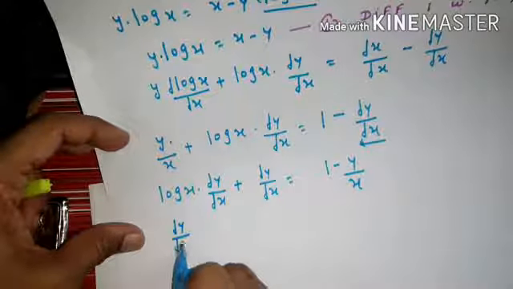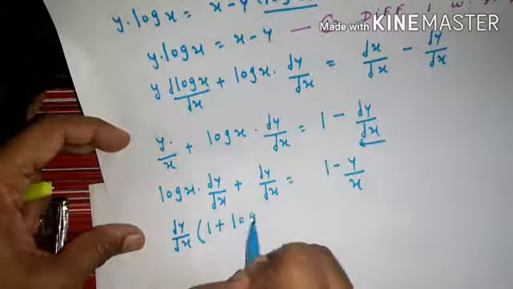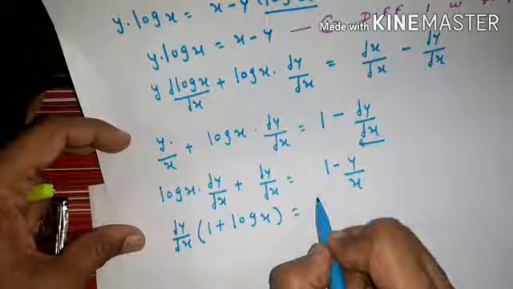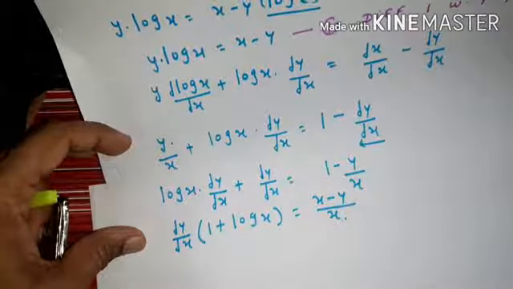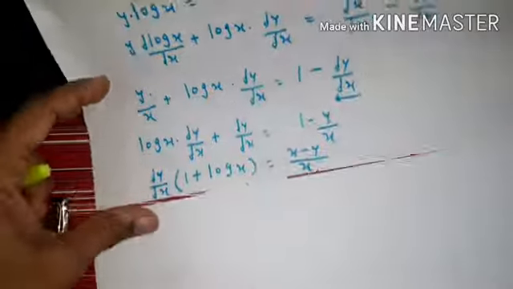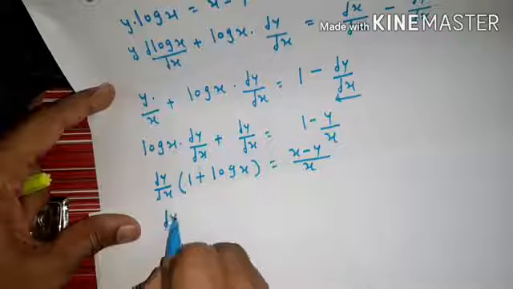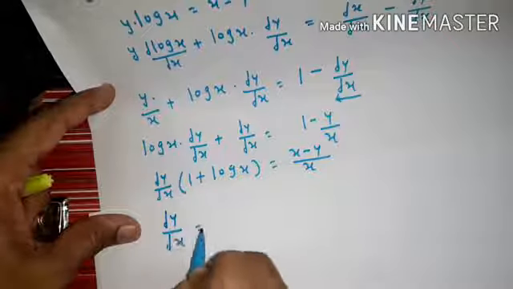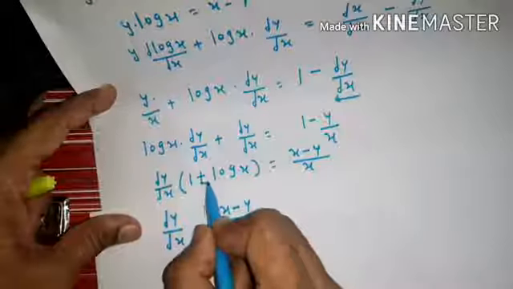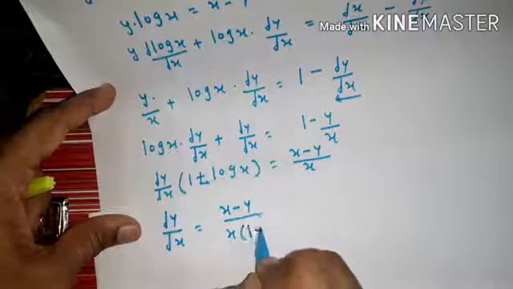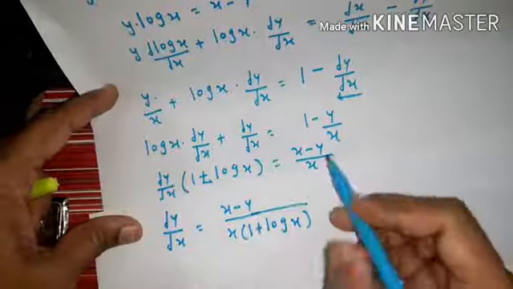We get dy by dx into (1 plus log of x), and this is equal to x minus y upon x. Shift this term to that side, that is 1 plus log of x. Actually, this is dy by dx.